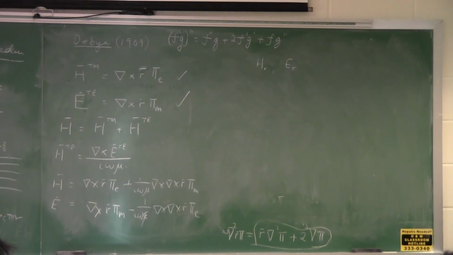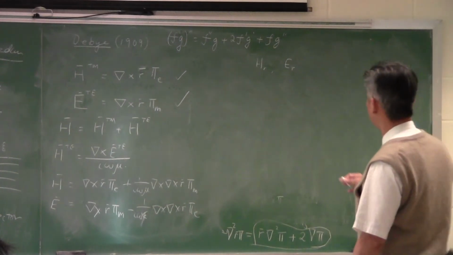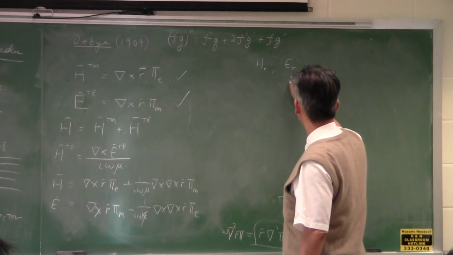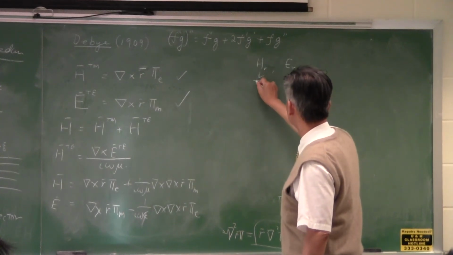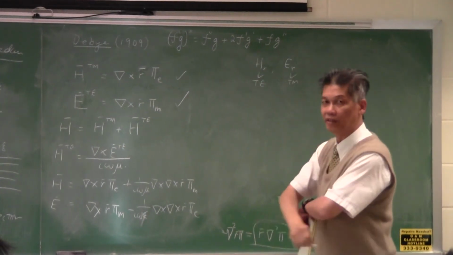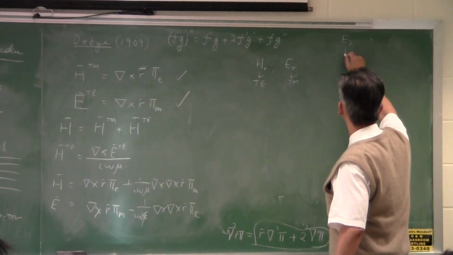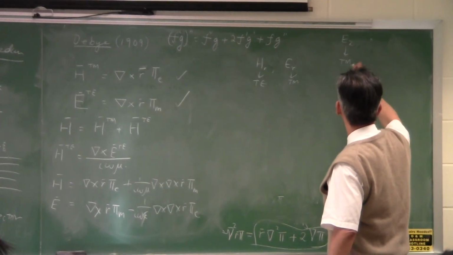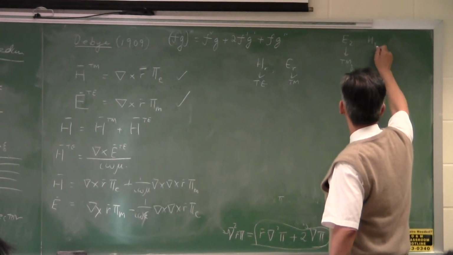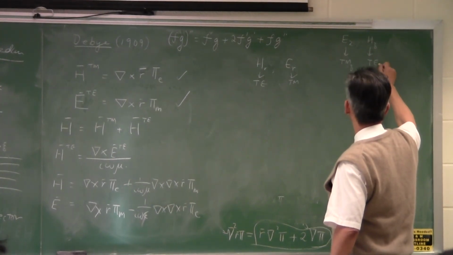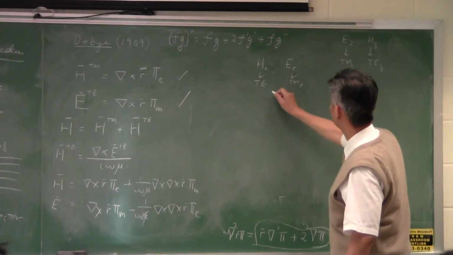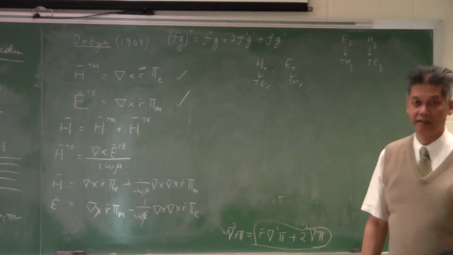So I want to use ER to characterize the TM wave, and HR to characterize the TE wave, very much like we did in the layered medium. EZ is TM to Z, HZ is TE to Z. These are for TM to R, TE to R.